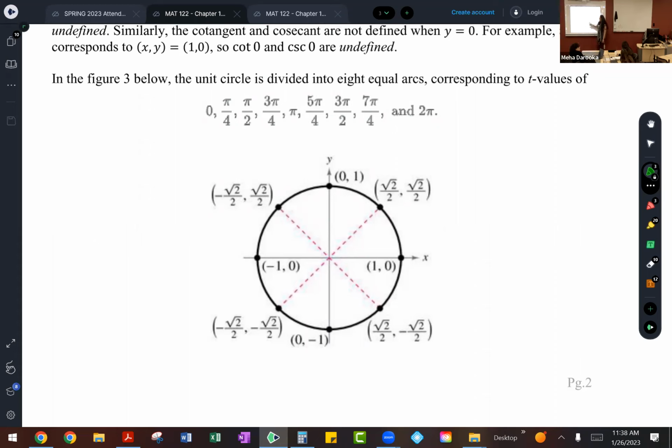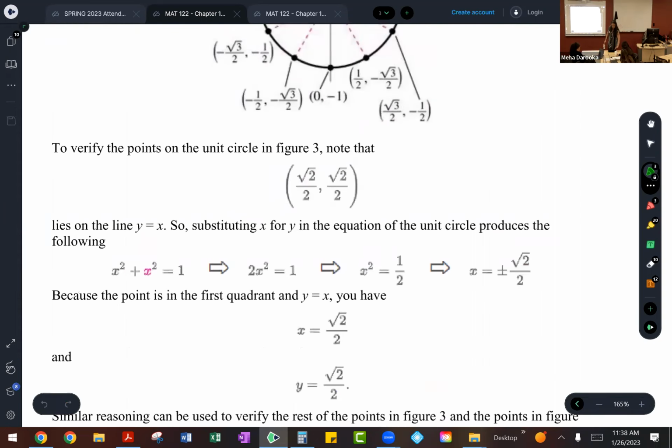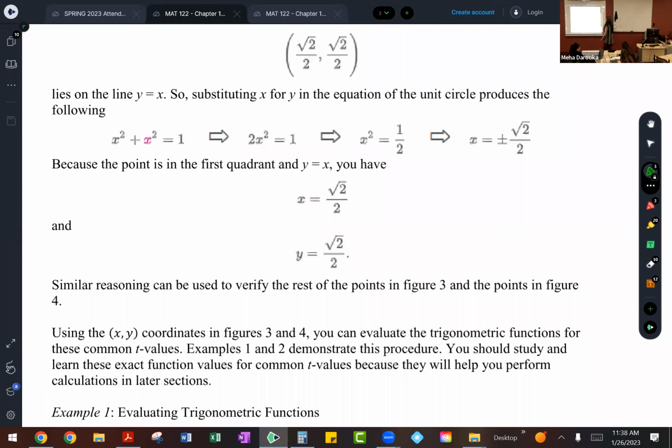So they're basically saying, if you use the idea that these 2 points are falling on the line y equals x, and plug that into our equation for a circle. Remember, the equation of the circle is x squared plus y squared equals 1. If your line represents y equals x, we can replace our y squared with x squared.